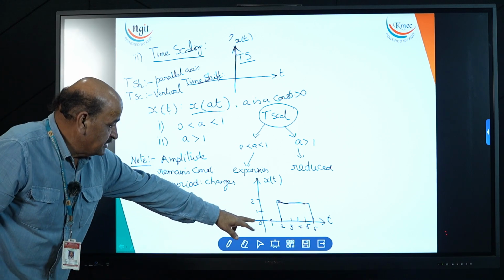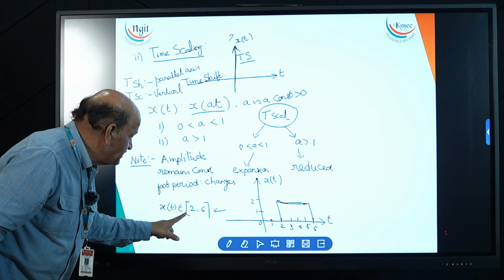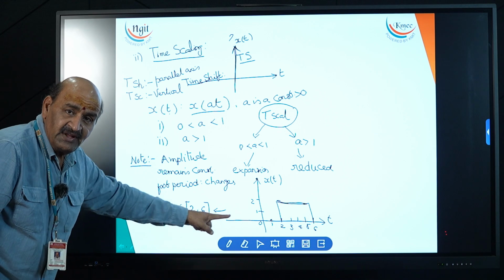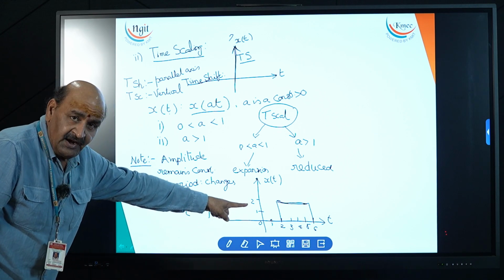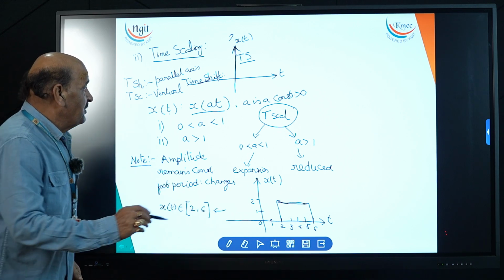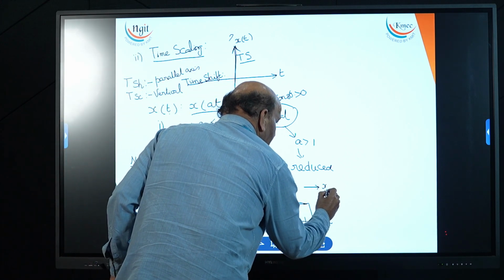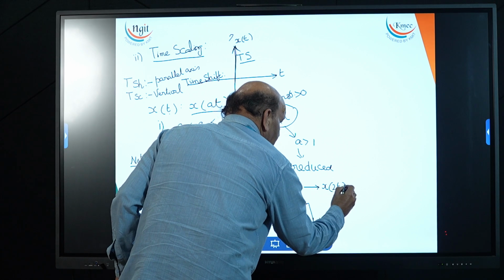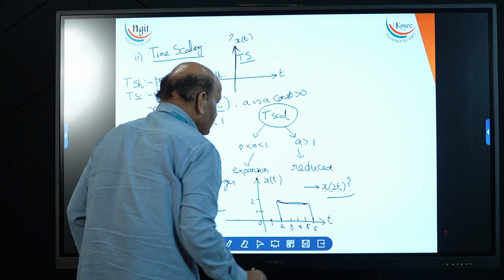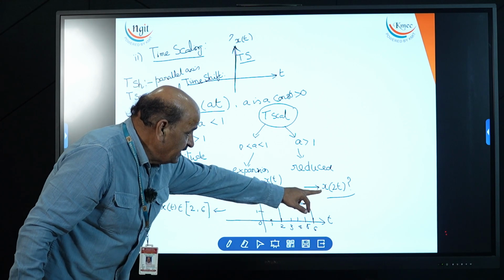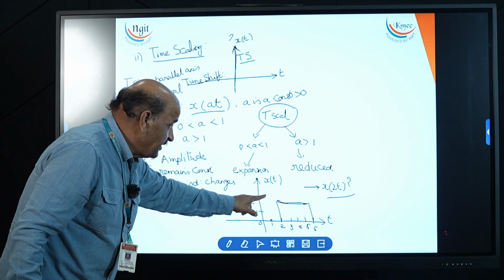Now look at the signal. The starting point is 2 and the end point is 6. We have to collect this from the signal diagram. From this, for example, what is x of 2t? They may ask like this: x of t graph is given, draw the signal of x of 2t based upon this one.